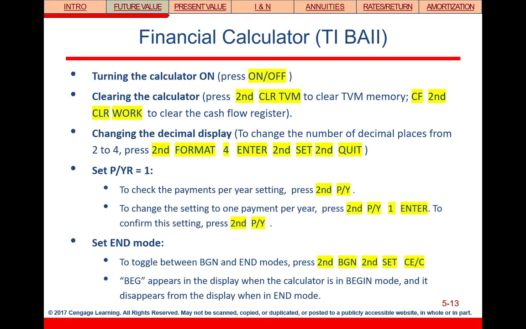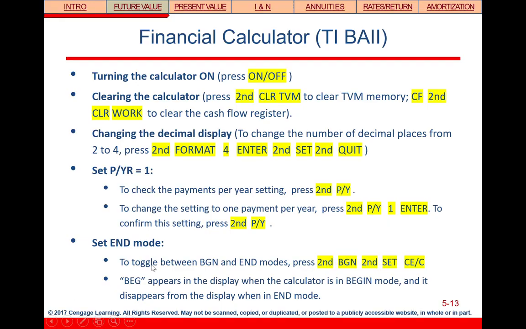But it's not true for many payment projects. For example, rent you always pay at the beginning of the period. Your insurance, your tuition, everything happens at the beginning of the period. For those, you have to use begin mode, but for investment projects, it's usually end mode.